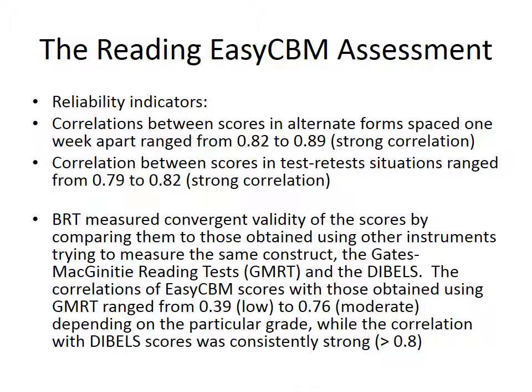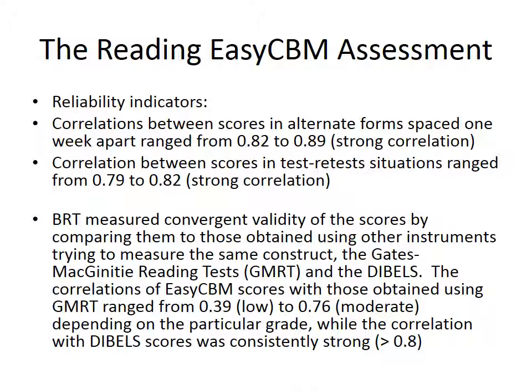Based on that large sample of 4 million test takers, there was an analysis of the reliability of the scores for measuring reading performance, and the authors of the study found that the correlations between scores in alternate forms of the ECCBN assessment, taken 1 week apart, range from 0.82 to 0.89.